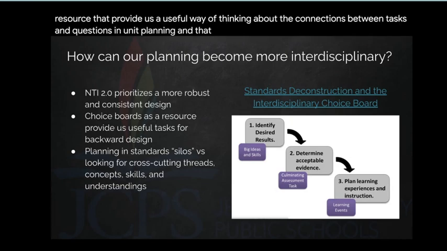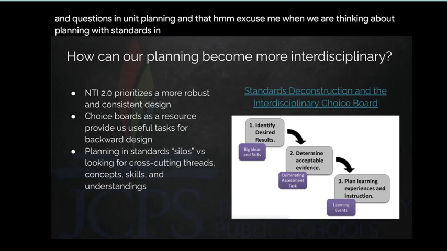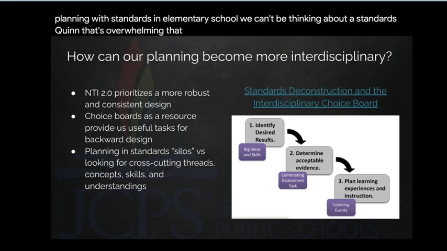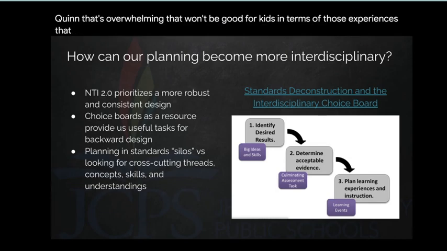And that, excuse me, when we are thinking about planning with standards in elementary school, we can't be thinking about a standards deconstruction document for every discipline. That's overwhelming. That won't be good for kids in terms of those experiences that create connections between their learning, right? That transfer that we're seeking.